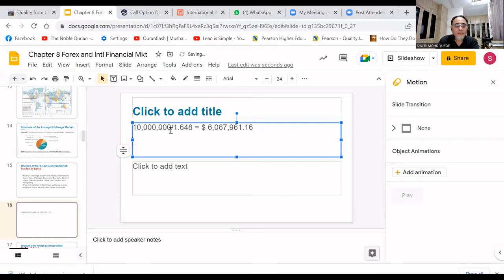Okay, 10 million francs divided by, because it's 1.648 francs per US dollar, so this is actually dollars, right? 1.649 will give you 6,064,281.38.